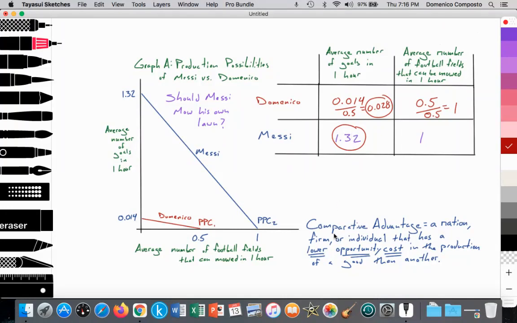So according to the theory of comparative advantage, I, Domenico, should specialize in mowing football fields, mowing the grass of football fields.